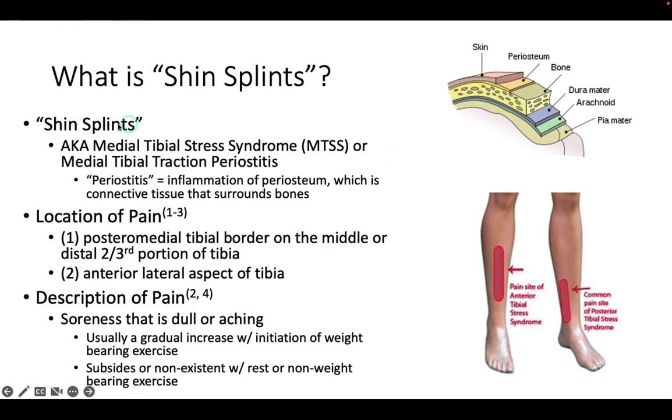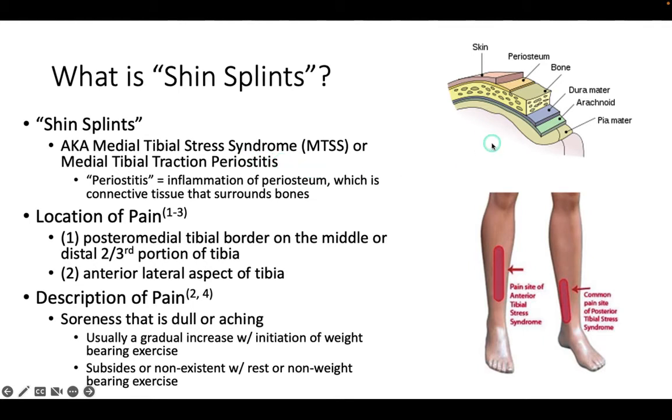A lesser common term is medial tibial traction periostitis. It still has the medial tibial like the first term, but now it has a different cause. Instead of stress to the tibia, this second theory suggests the pain is coming from periostitis, which is inflammation of the periosteum.